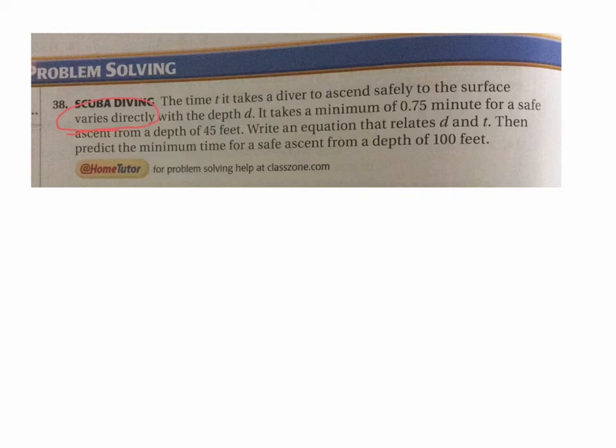So I have to write an equation that relates d and t first. So I go back to this sentence, and it says time varies directly with depth. Then they give me some information that's going to help me figure out what this a value is.